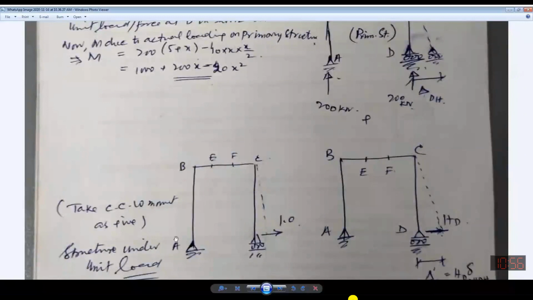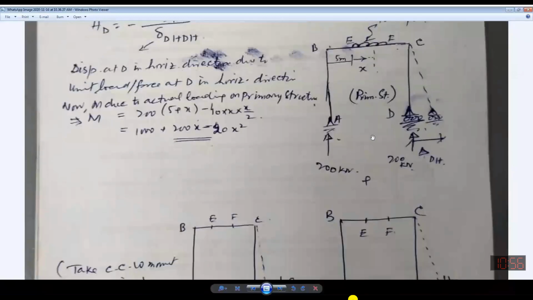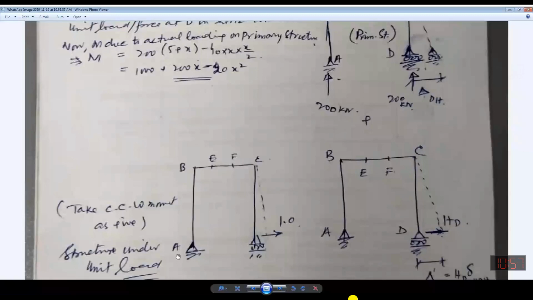And if you take it to be negative, then all forces which are creating the hog inside should be considered negative. Over there, I have chosen a different approach. Over there, it was tension inside, positive, and over there, I have considered counterclockwise moment to be positive, and it will depend upon your choice.